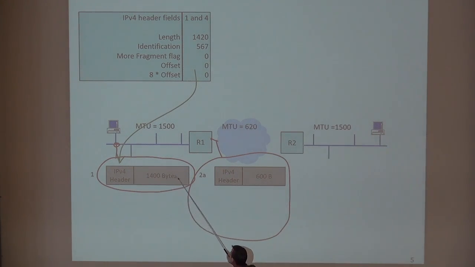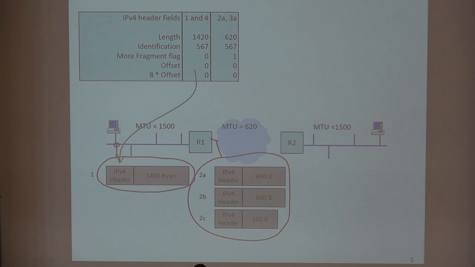The 1400 bytes will be split into a first packet that is here 600. And inside the IP header, we will find fields that help us understand the fragmentation. So here I'm showing first that the packet will be broken into 3 pieces. If we look at piece 2A, the first piece here, we will see that it has a length of 620 bytes, and an identification.